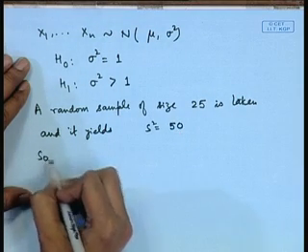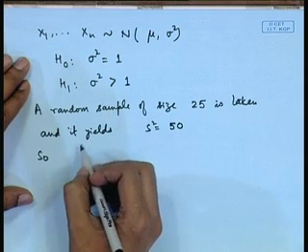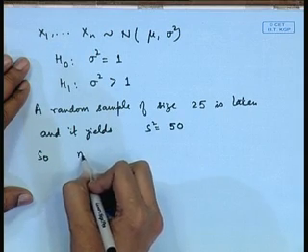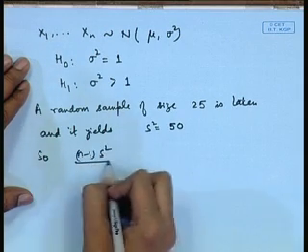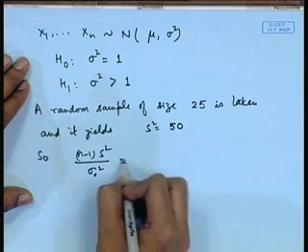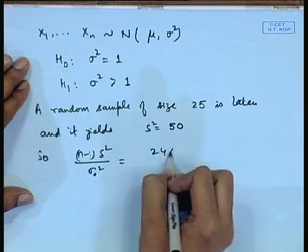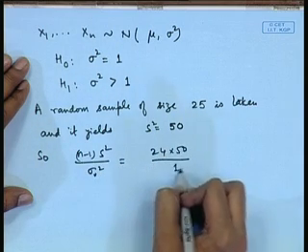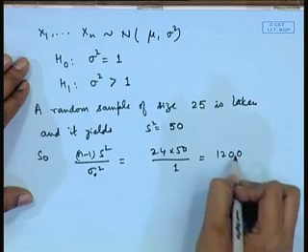So, if we consider n minus 1 S square by sigma naught square, then this value turns out to be 24 into 50 divided by 1, that is equal to 1200.